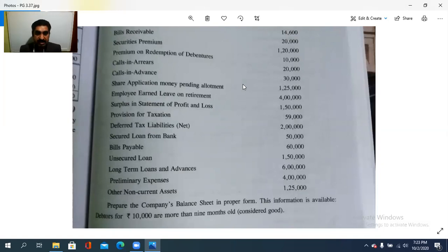Long-term loans and advances 6 lakh, preliminary expenses 4 lakh, and other non-current asset 1,25,000.